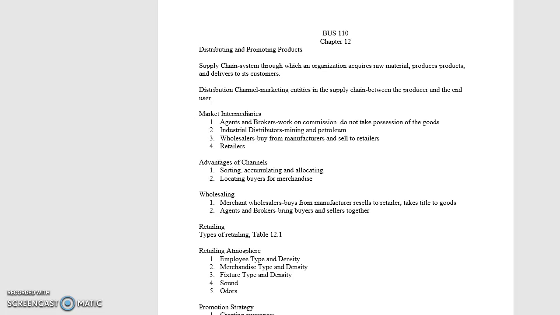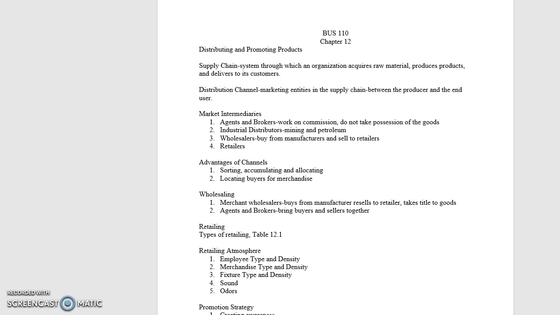So that's one of the advantages of sorting. Another advantage is just locating buyers for the merchandise. So think about a real estate agent. They actually advertise, hey, this property is for sale. So they're locating buyers for the merchandise.